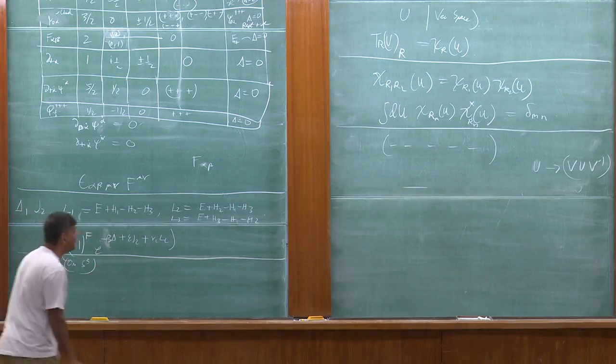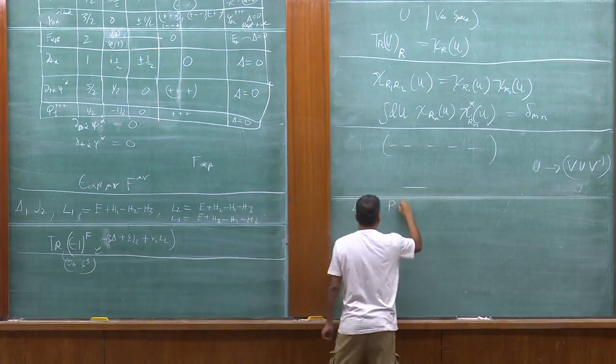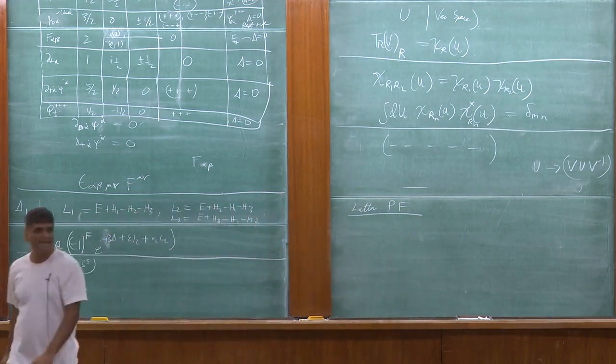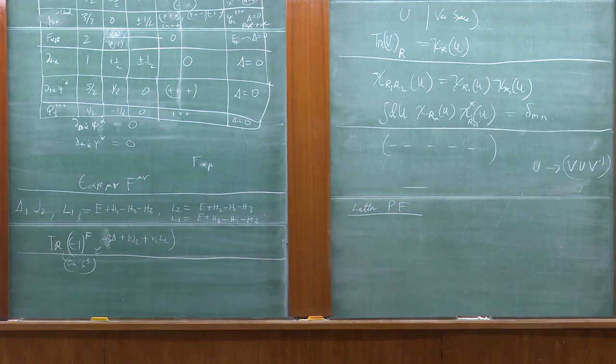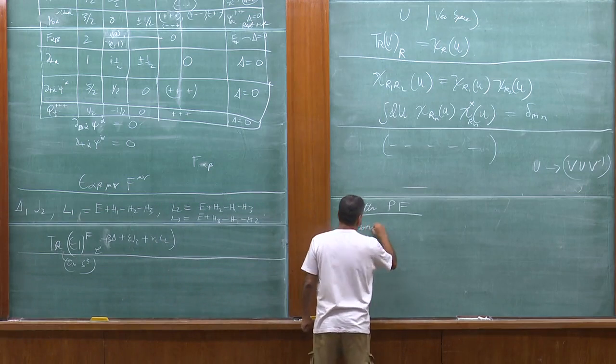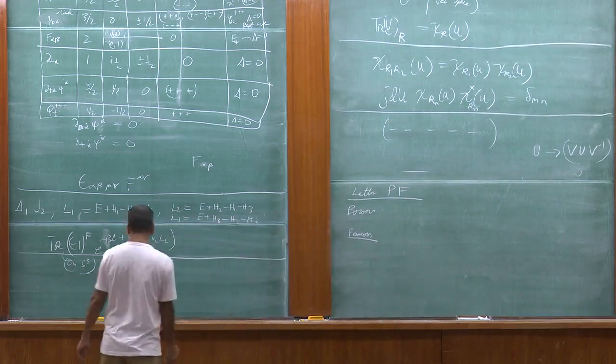Let me compute the letter partition function first. Let me do it separately for bosons and fermions. For bosons, what do we have?